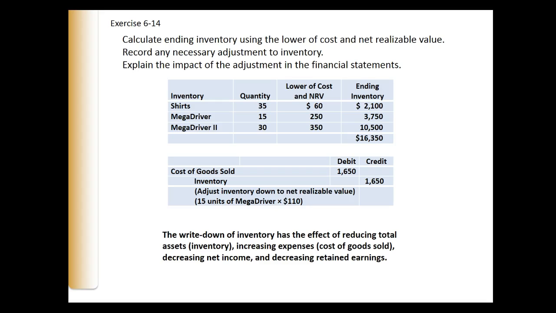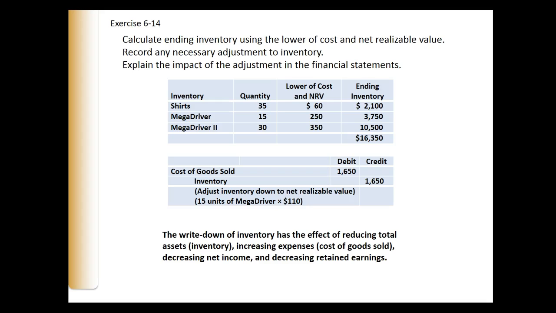The lower of cost versus net realizable value for the shirts is cost. For the Mega Driver, it's the net realizable value of 250, and the Mega Driver 2 is cost.